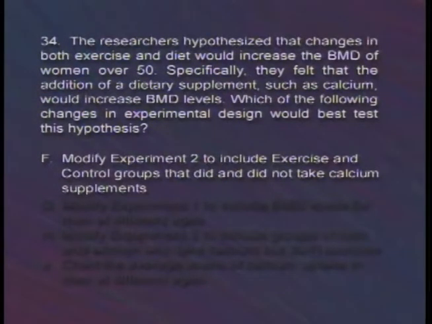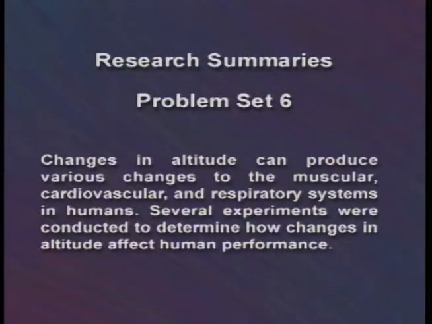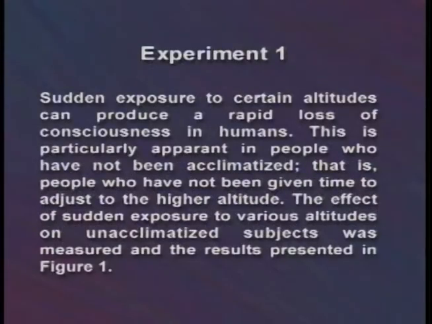Problem set 6. Changes in altitude can produce changes to the muscular, cardiovascular, and respiratory system in humans. Several experiments were conducted to determine how changes in altitude affect human performance. Experiment 1. Sudden exposure to certain altitudes can produce a rapid loss of consciousness in humans.